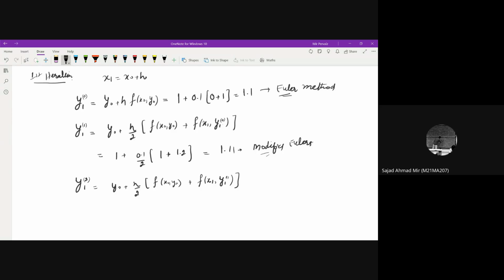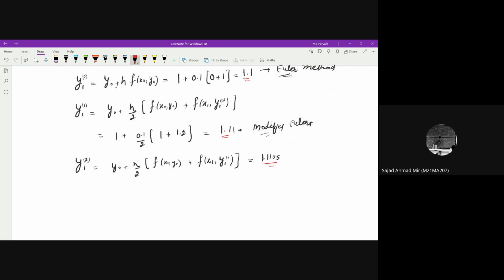Let's see how our value is changing. If I put in all the values, I will get 1.1105. Now you are moving very close, approximating to further decimal places. With Euler's method, you have a value to one decimal place. With the first iteration of the modified Euler's method, you get two decimal places. If you go for the second iteration, you get four decimal places, and so on.